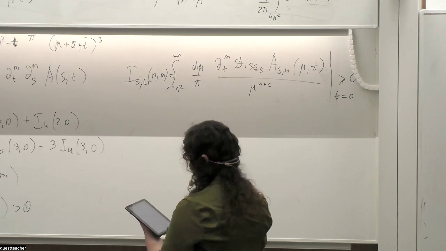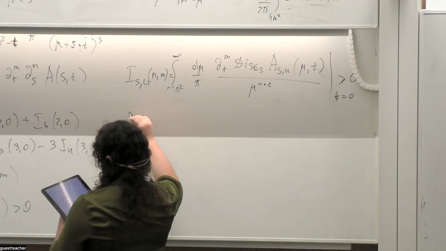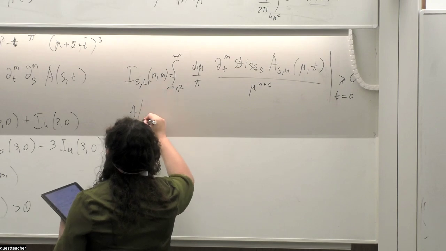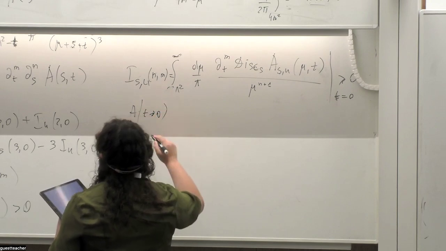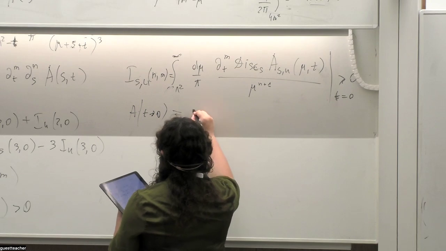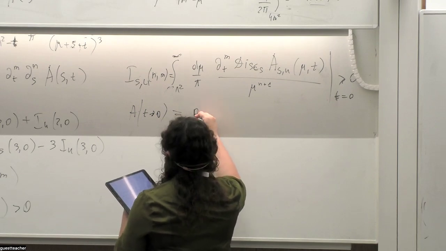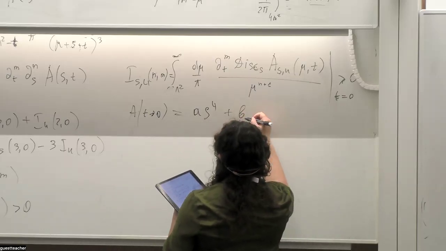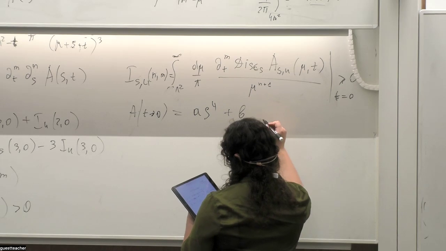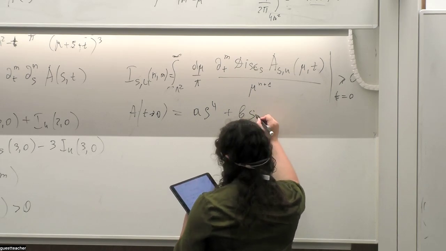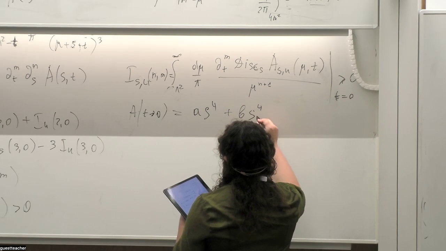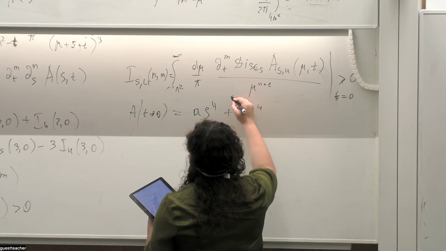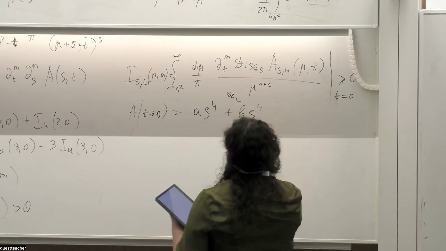So in the shift symmetric scalar, the amplitude was, let's take t going to 0 first, like t to 0 bounds, and the first loop correction will be, so we have the normal s to 4 term, and also we have the one corresponding to the beta function, as we noticed. It will be some coefficient b, which is proportional to the square of the coefficient in front of s squared, like a2.